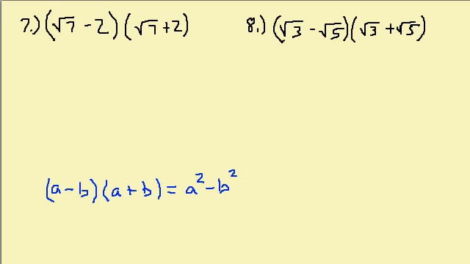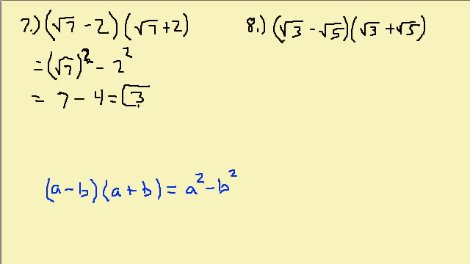So this would equal square root of 7 squared minus 2 squared. And square root of 7 squared is just 7, minus 2 squared, which is 4. So this equals 3. Alright, let's take a look at another one.